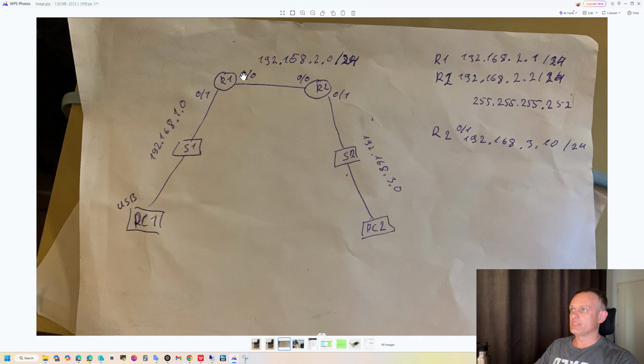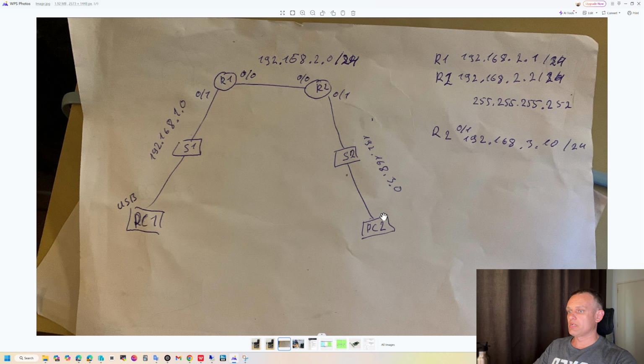I suppose this is this interface. O/O has 1 and /24, but maybe before it was /30. I see from here, and also you can see this subnet mask 252, it's /30. But we are going to configure all of these interfaces, all of these networks, with /24.